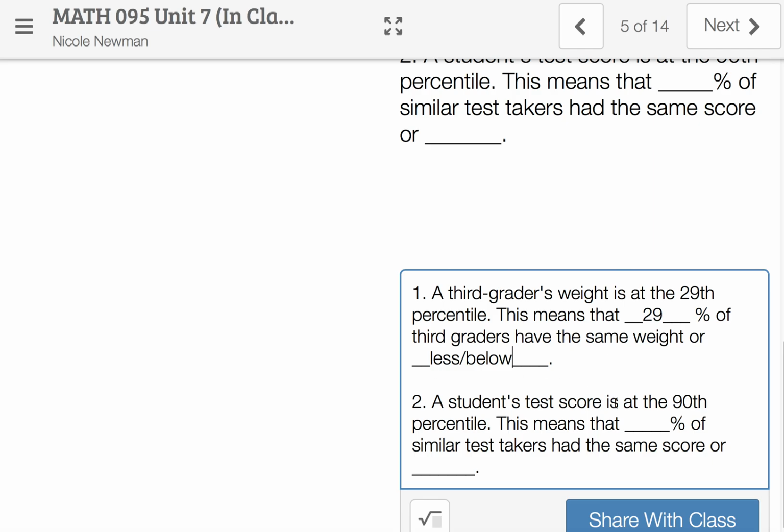If a student's test score is at the 90th percentile, that means that 90% of similar test takers had the same score or below. Or you could have said less. So whenever you have a percentile, you can transfer it into a percent format where we have comparing to similar things like similar third graders or similar students or test takers in this case at that same level or below.